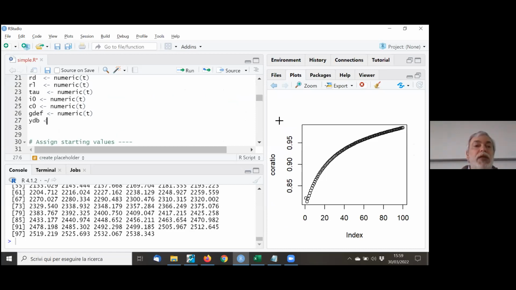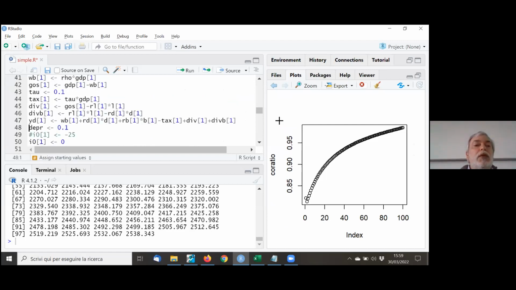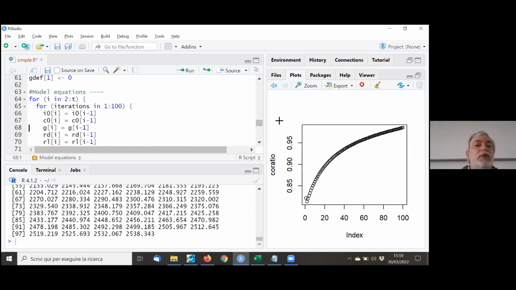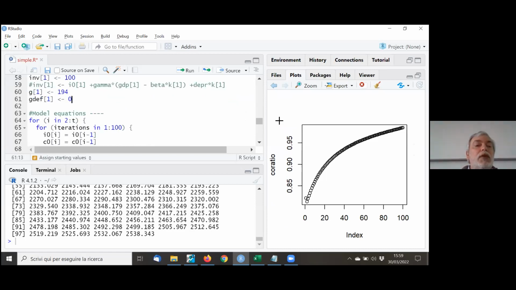So YDB will be initialized to be equal to whatever the level of investment.